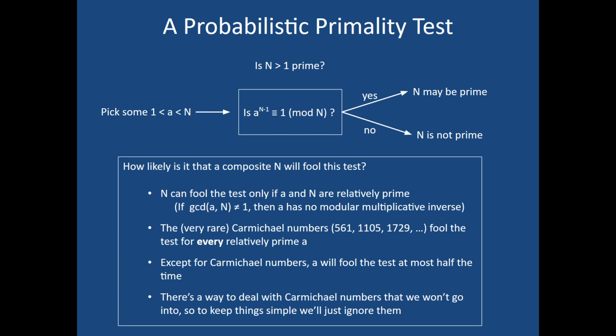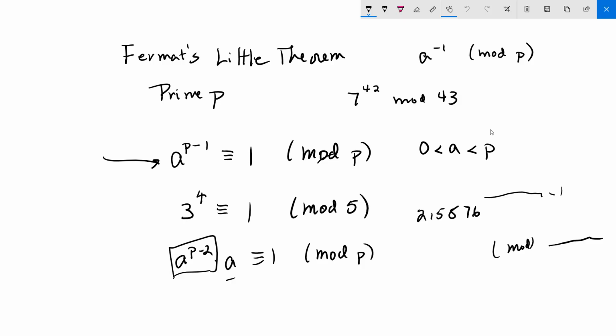So it wouldn't be able to pass the Fermat test if it had no multiplicative inverse? Well, but why? Because a to the n minus 2 would be the multiple. Exactly. So if we go back to this, suppose p is not prime, but nevertheless this turns out to be true for some a, that means that this is the inverse of a.